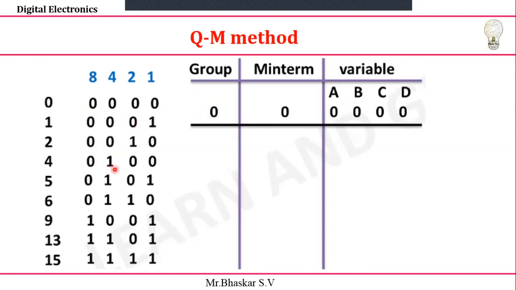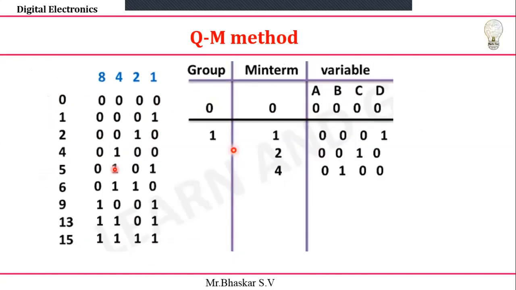So I'm going to take these in group 1. So 1, 2, and 4 are 0001, 0010, 0100, each consisting of only one 1. This I'm going to make group 1.